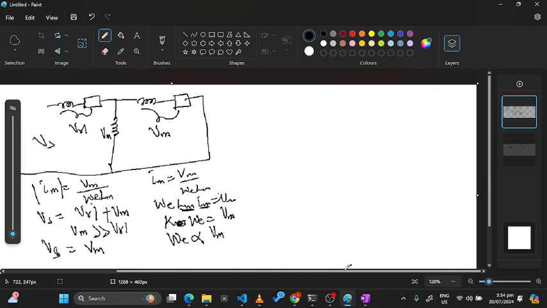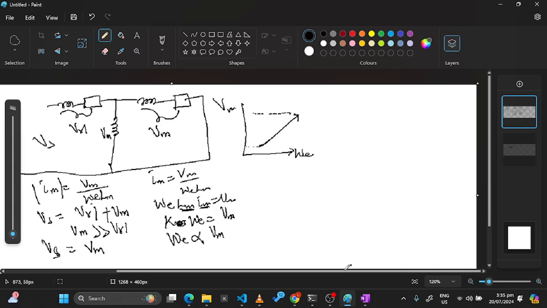Okay. Then if this is the case, if I plot this, let's say this is omega E, this is Vm, then at a very high value this should be proportional.